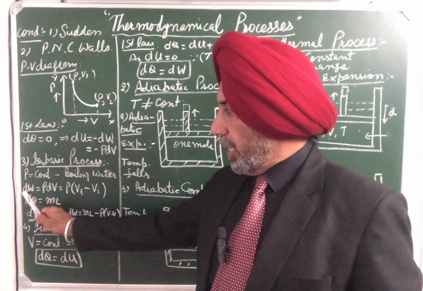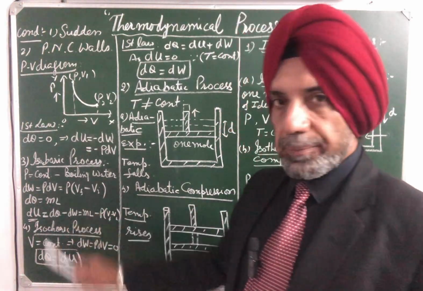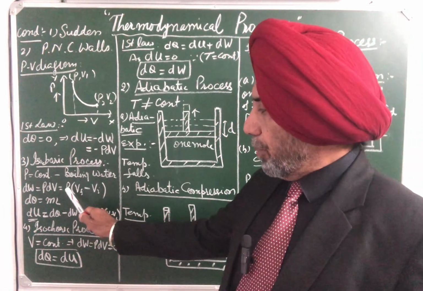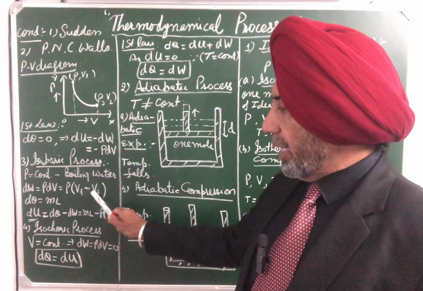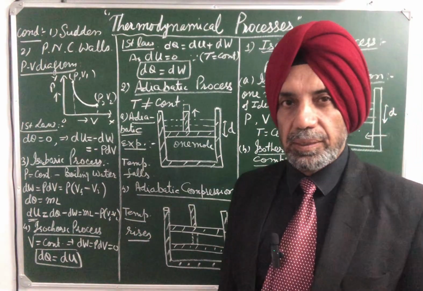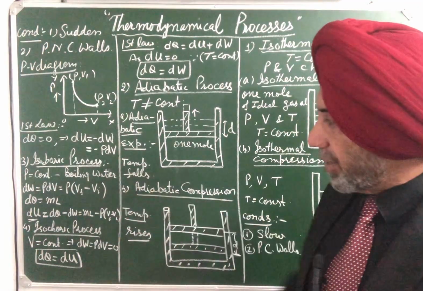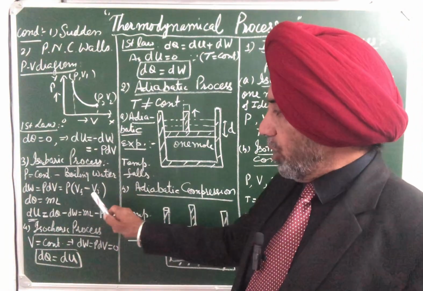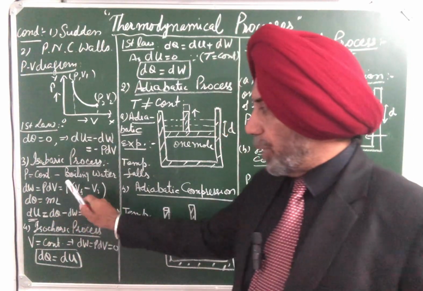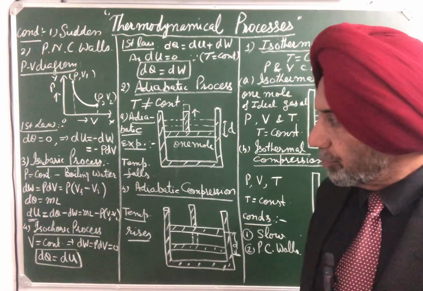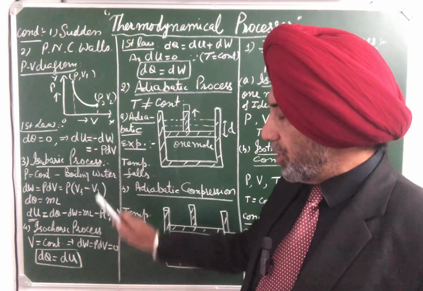So therefore dW is equal to P dV, that is P into (Vf minus Vi). So temperature is kept constant, so we have to supply energy at a constant rate. Vf is the final volume, Vi is the initial volume, so dW will be equal to pressure into change in volume, final volume minus initial volume.